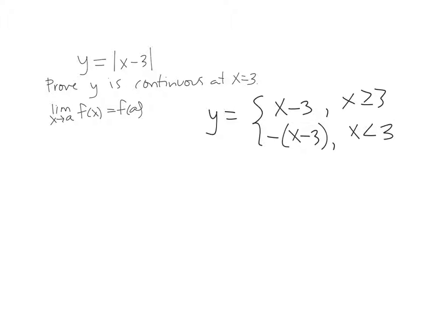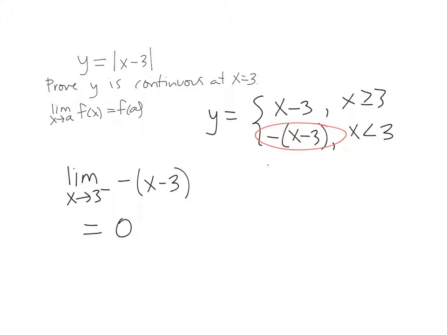And then you take the left and the right limit of this. So the left limit, as x comes to 3 from the left, I would look at this function, because that's on the left, like we saw yesterday. So I just fill 3 into that. So it'd be negative 3 minus 3, it's 0.